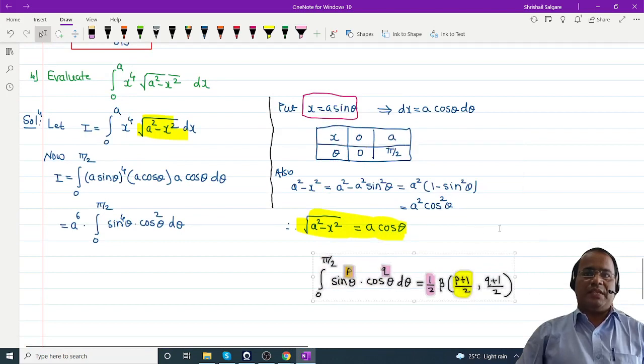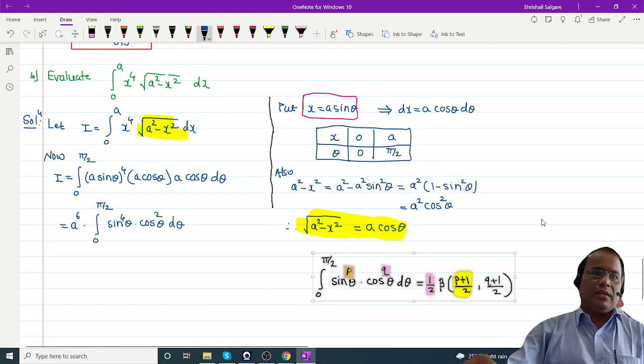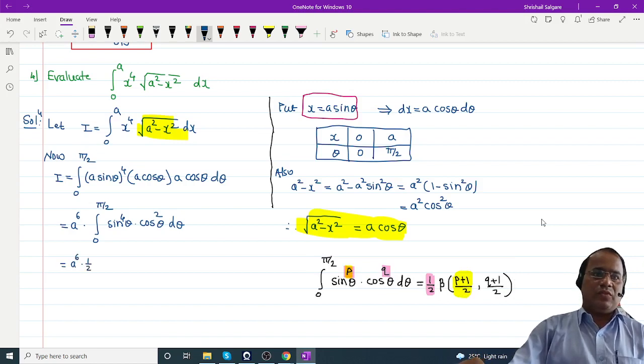Okay, this definition we are using. So further it can be written as a raised to 6 into 1 by 2 beta of 4 plus 1 by 2, that is 5 by 2, and 2 plus 1 by 2, that is 3 by 2.